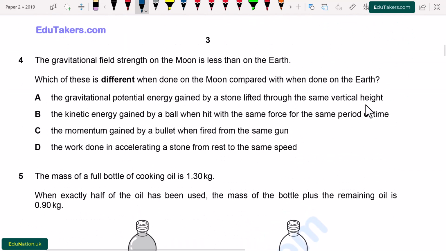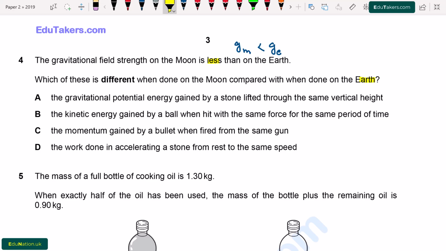Question number 4. The gravitational field strength on the moon is less than on the earth. It is given that the value of g on the surface of the moon is smaller compared to the earth. Which of these is different when done on the moon compared with when done on the earth?